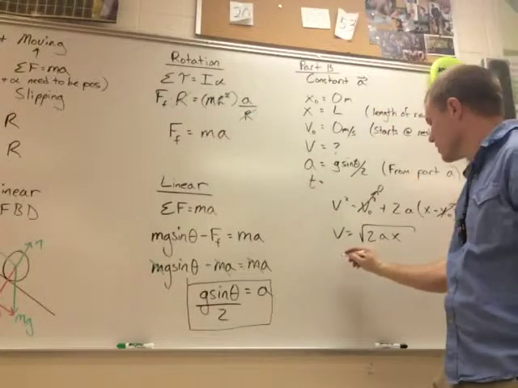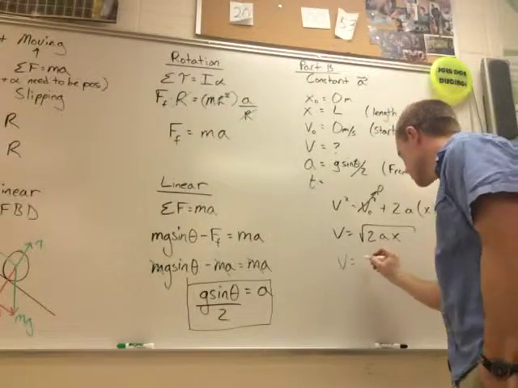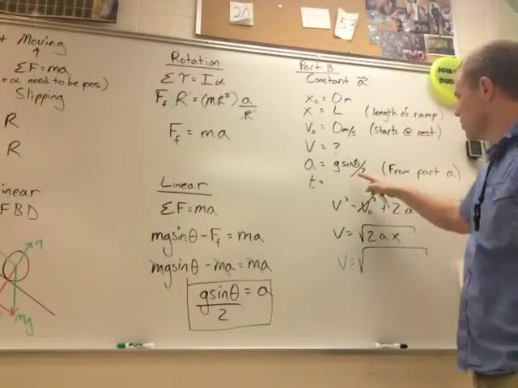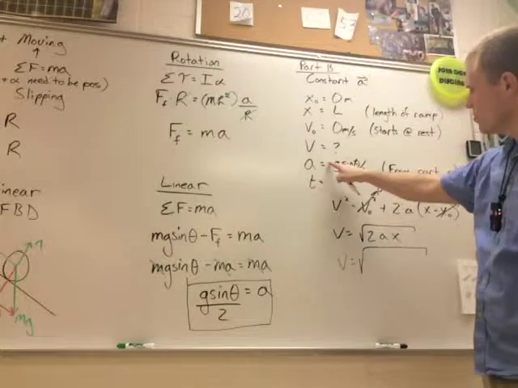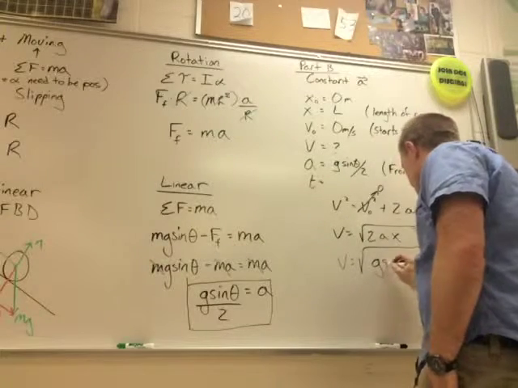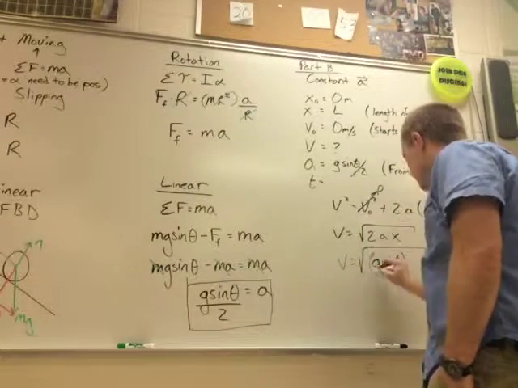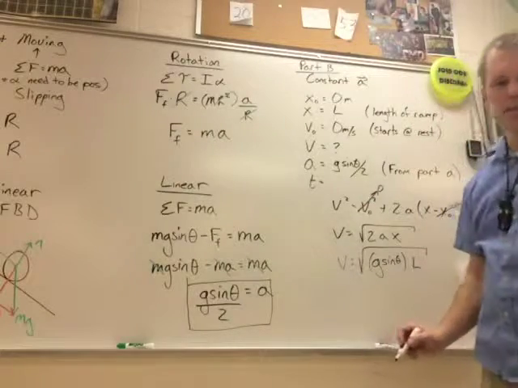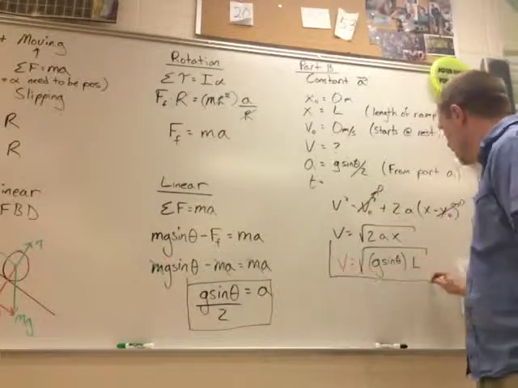Substitute in my variables, so I'm left with v equal to the square root of 2 times g sine theta over 2, the 2's cancel out, so I'm left with g sine theta times L, all underneath that square root. And there is part B.